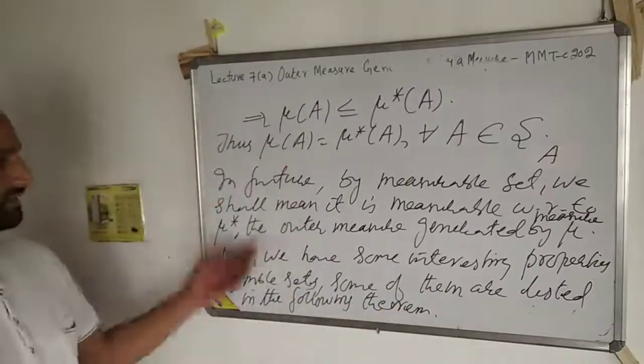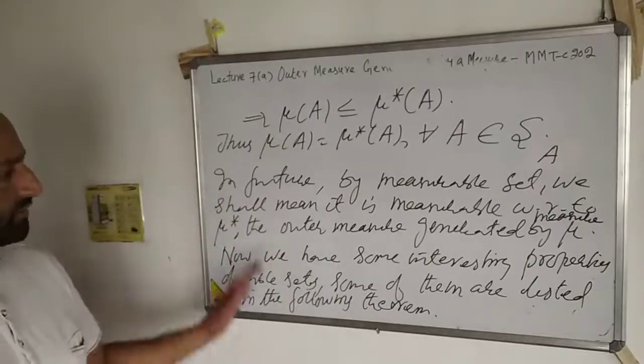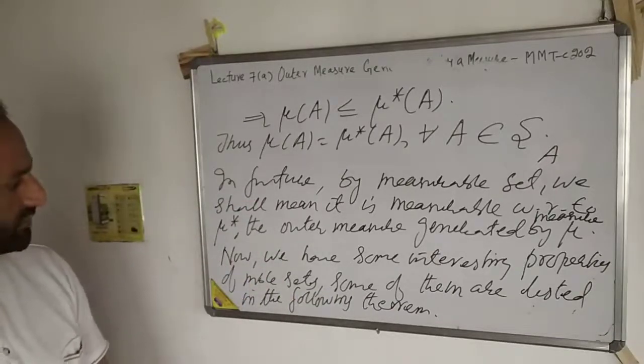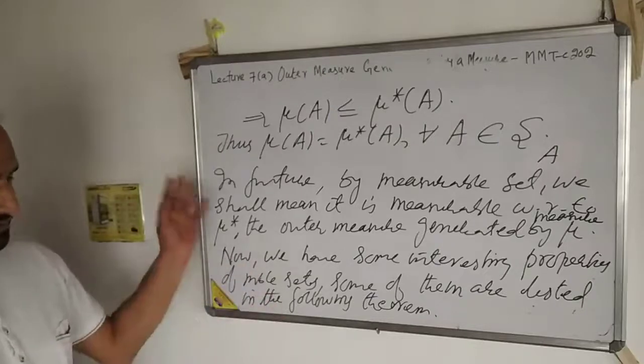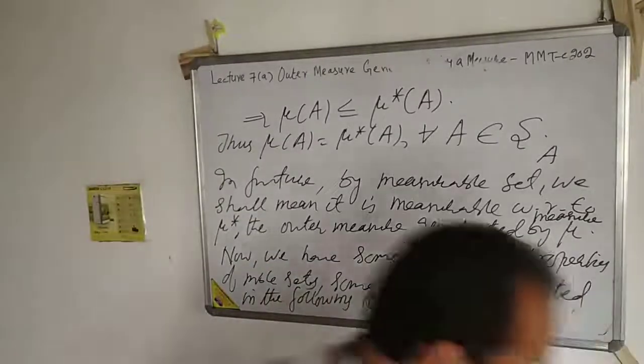So for this class of measurable sets, we have certain interesting properties, and some of them we have in this theorem that we are now going to discuss.